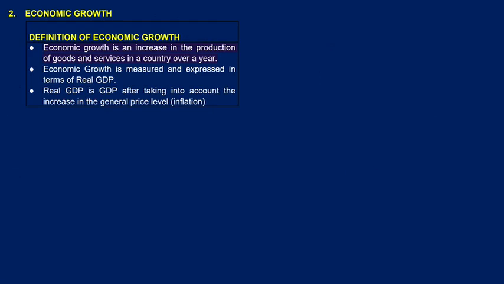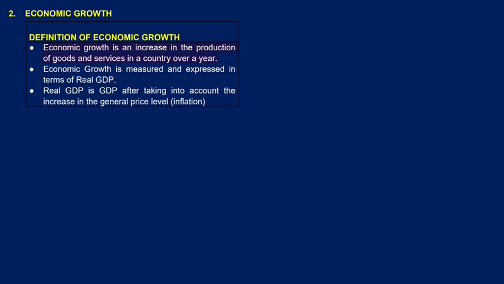Right, we move on to the next topic, which is economic growth. And the definition of economic growth is an increase in the production of goods and services in a country over a year. Economic growth is measured and expressed in terms of real GDP.